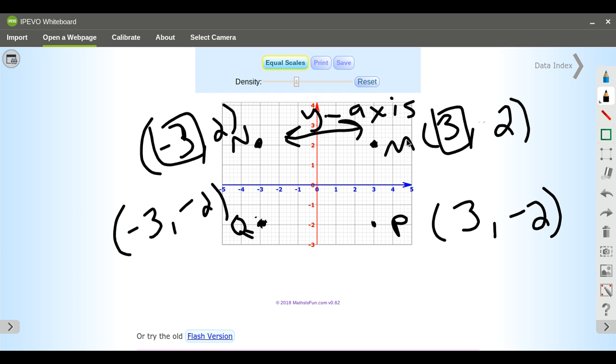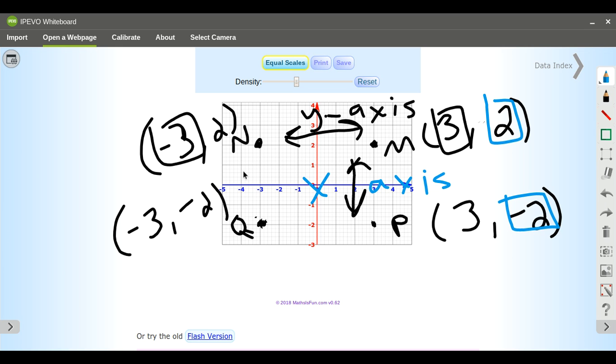But then when I reflect across the x-axis, let me change colors, x-axis. When I reflect across the x-axis, my y coordinates are going to be opposites. So when I'm reflecting across the different axes, the coordinates are going to be the opposite.